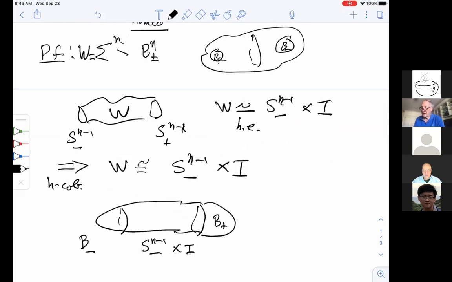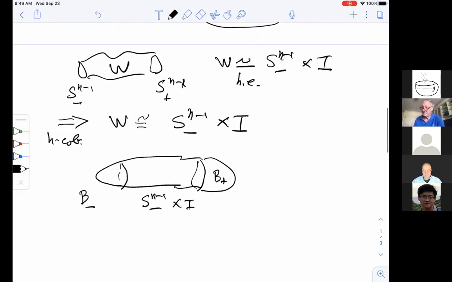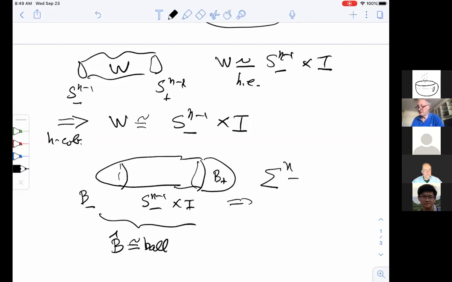Well, if you take B minus and add to it its boundary cross I, this is still a ball, B hat. It's diffeomorphic to a ball. It's the union of a ball and the boundary cross I. So that implies that our original manifold Sigma is a union of 2 balls along their common boundary.